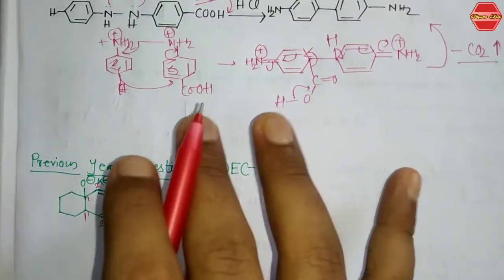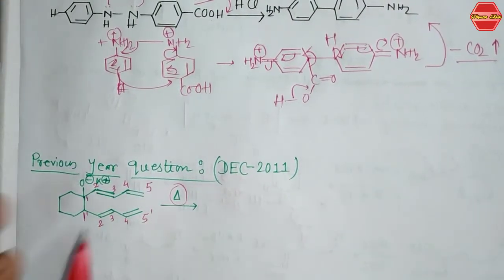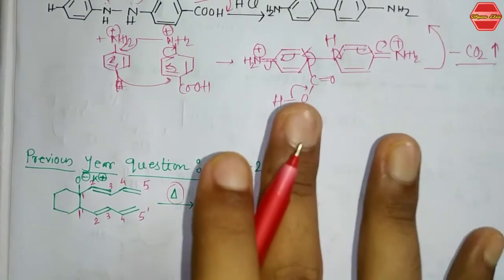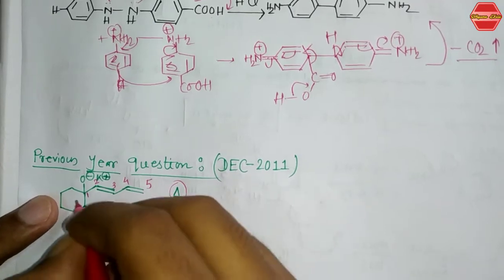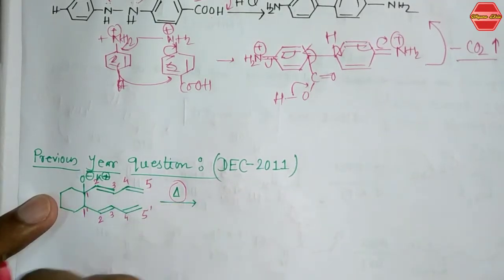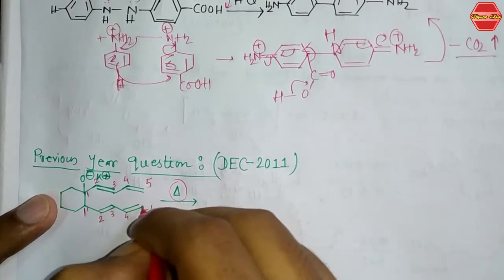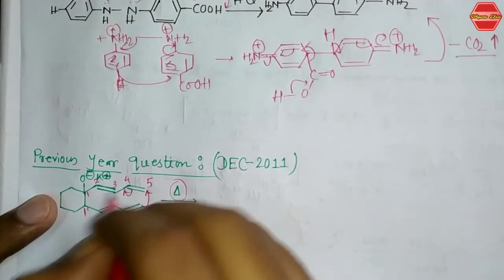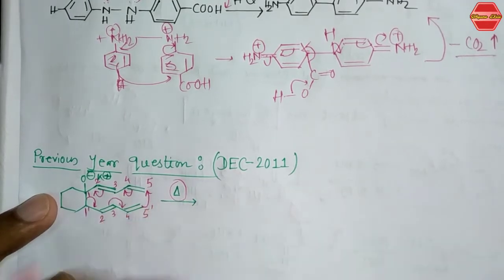So you can easily see from here, and heat is also given, so the product should follow the 5,5 sigmatropic. And how it takes place: see here, there is a bond breaking between 1 and 1 prime and bond formation between 5 and 5 prime. So from here you can easily predict the final product in this way.